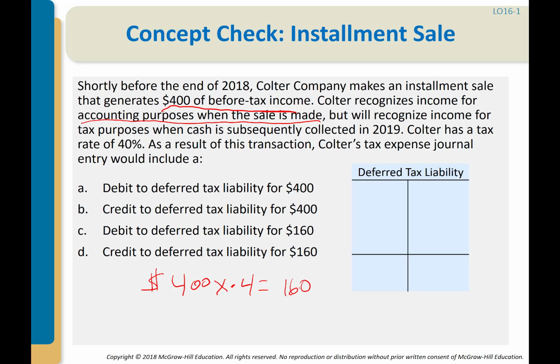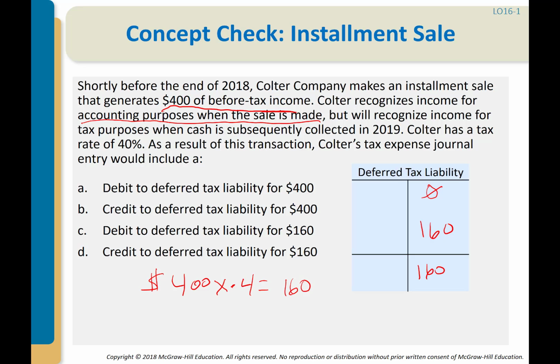And if the beginning balance was 0, then we'll have to credit deferred tax liability for 160, to bring it to the ending balance that we need of 160. So far we've credited deferred tax liability for 160 because we're going to pay that in the future.